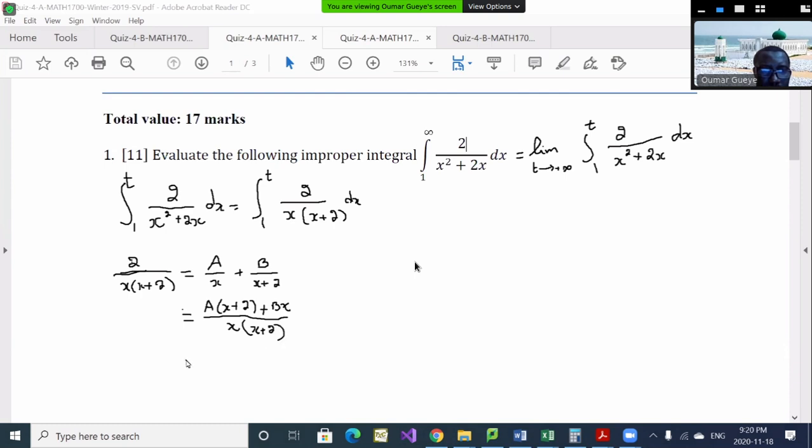Right? And now we have to rearrange the numerator. Doing so, we get A plus B, and we factor out x, plus 2A, over the product of the two denominators, x times x plus 2.